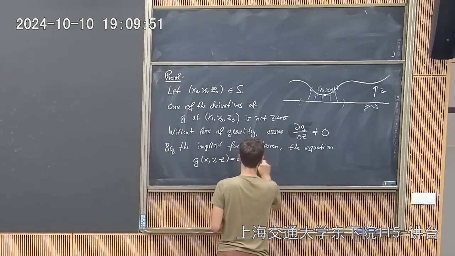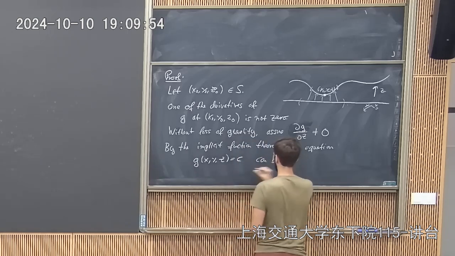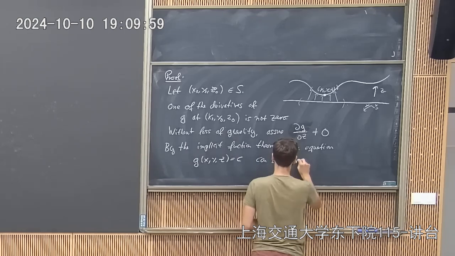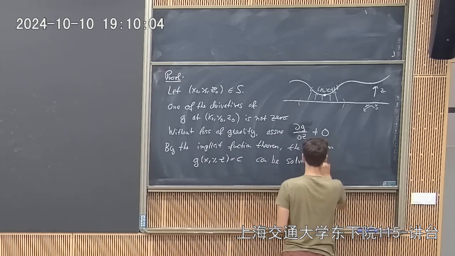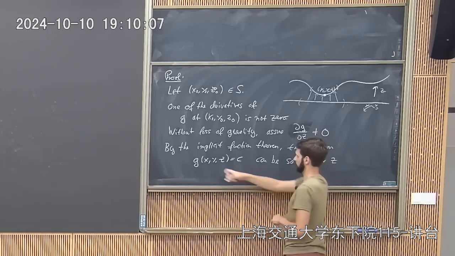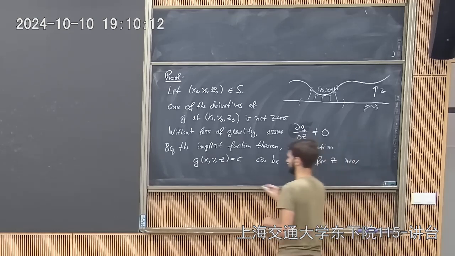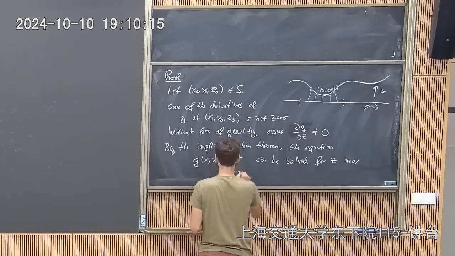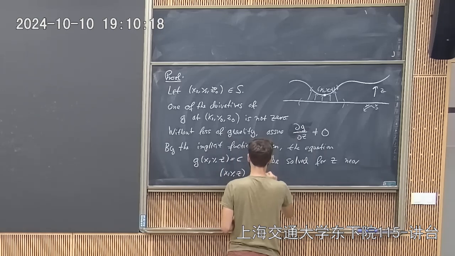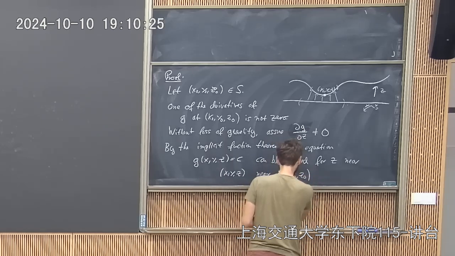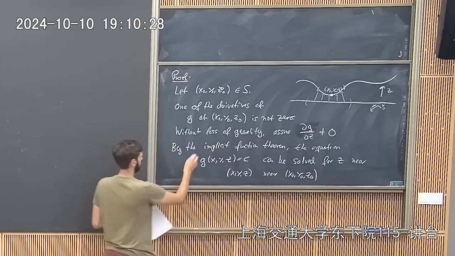We have this equation that defines our surface. We can always solve that for the last coordinate, once we have x and y close enough to our given point. So that's the implicit function theorem.